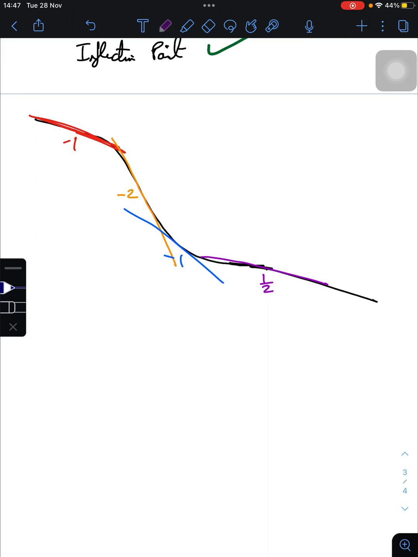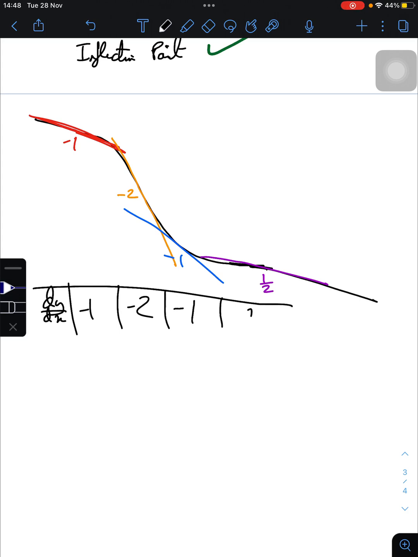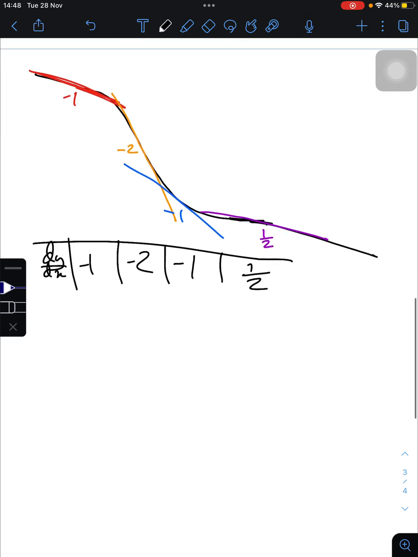And so if we were to think about our gradients at these points, dy by dx, well, we're going from -1 to -2 to -1 again, and then finally ending up with a half. And so let's think about what's happening here. Well, we're decreasing to -2 by -1, but then we're suddenly increasing again, and then we're increasing by 3/2.